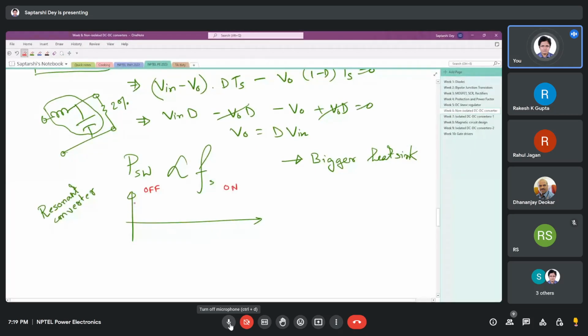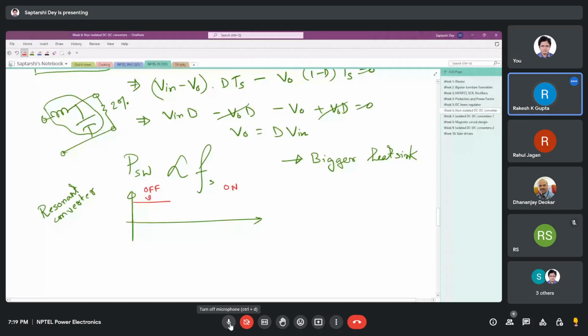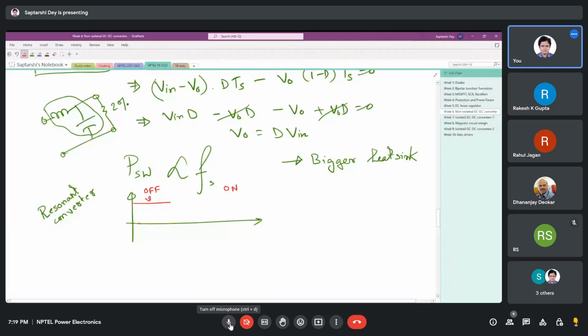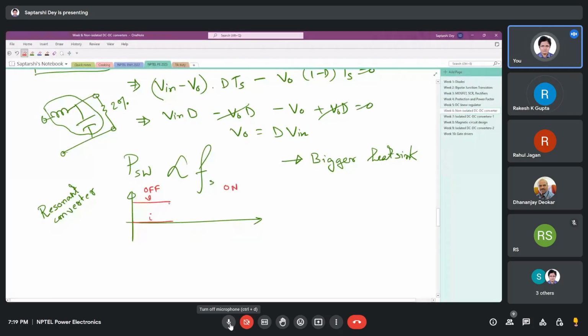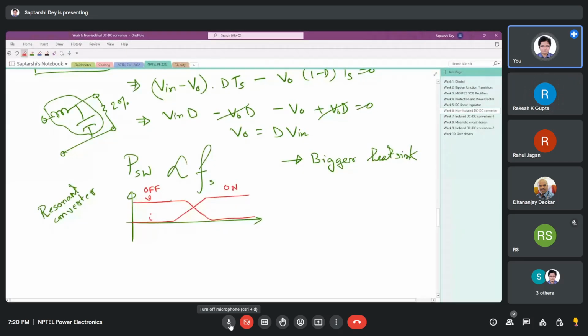If the switch is off, that means the voltage was full and the current was zero. Now what happens is the current rises, and maybe the voltage falls from somewhere here. This is where we have the power loss.